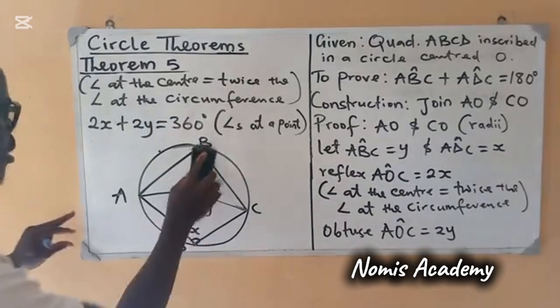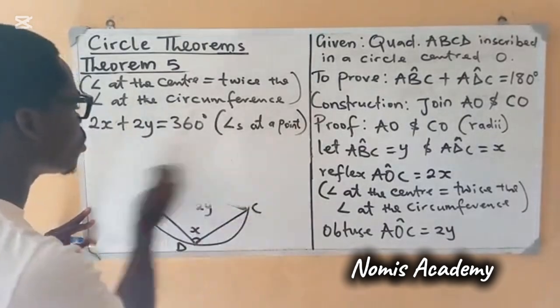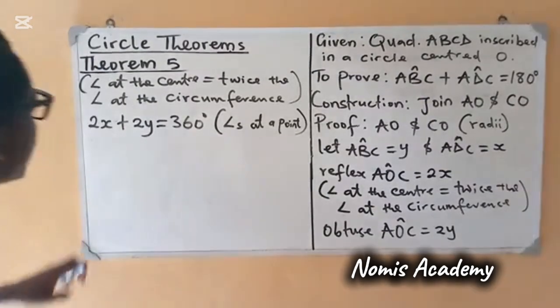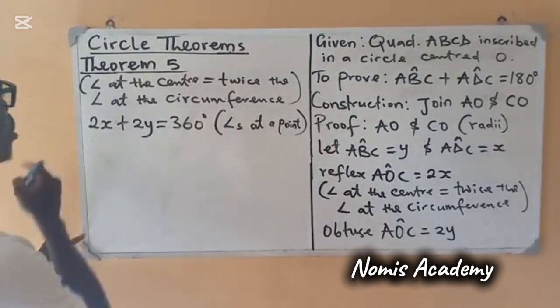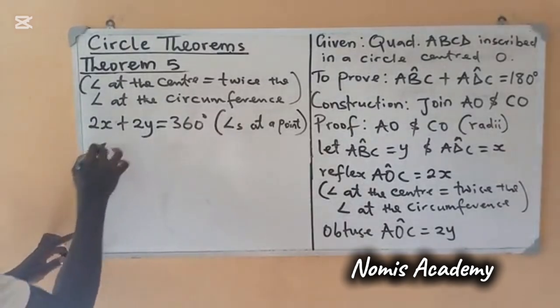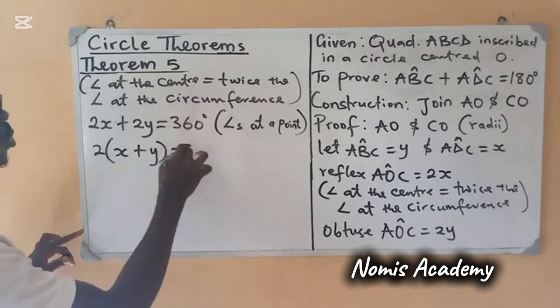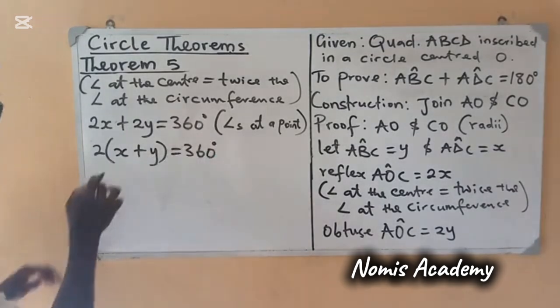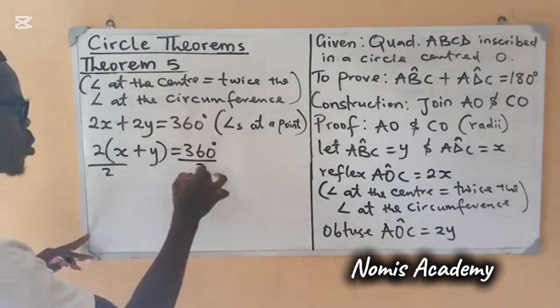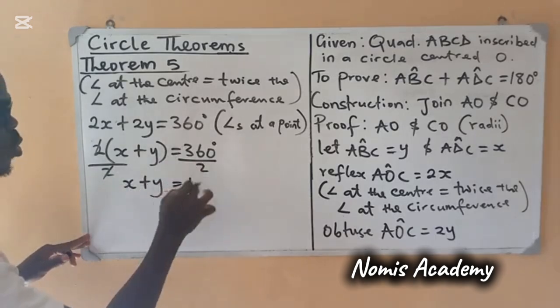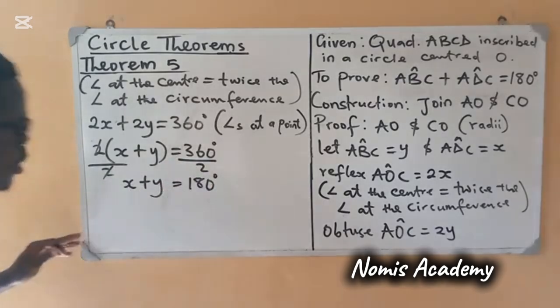So let's clean the diagram so we can continue with the proof. So pick out what is common here. 2 is common. We have 2(x plus y) equal to 360 degrees. Divide through by 2. x plus y is equal to 180 degrees.